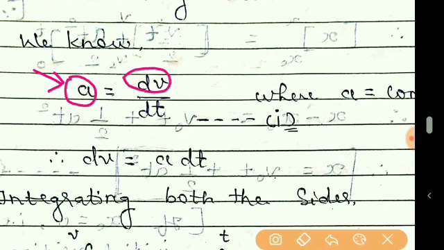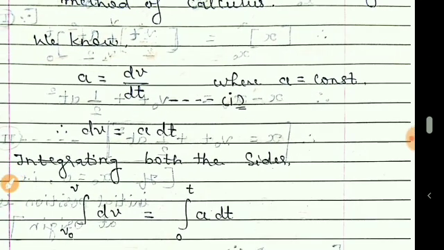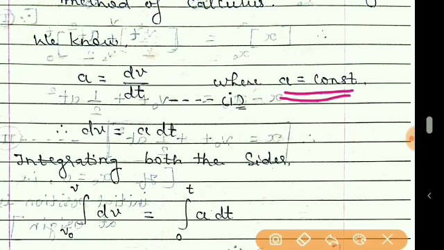Change in velocity upon change in time, but this dv means a very small change in velocity, and dt means a very small change in time. Now we know that kinematic equations are always for constant acceleration, so here we have mentioned that a is constant. Let us give this equation number 1 so that it can be used later on if required.